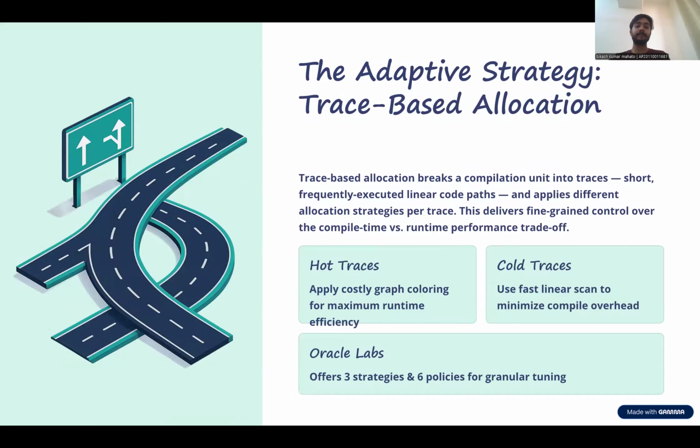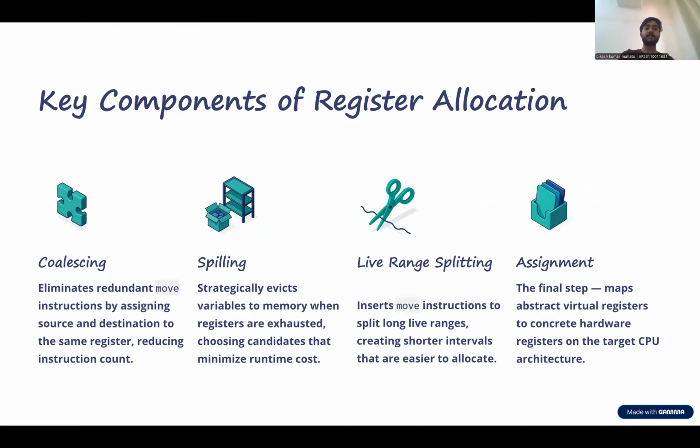Next one, key components of register allocation. There are four major components involved in register allocation: coalescing, spilling, live range splitting, and assignment. Coalescing removes unnecessary move instructions by assigning related variables to the same register. Spilling moves less important variables to memory when registers are full.